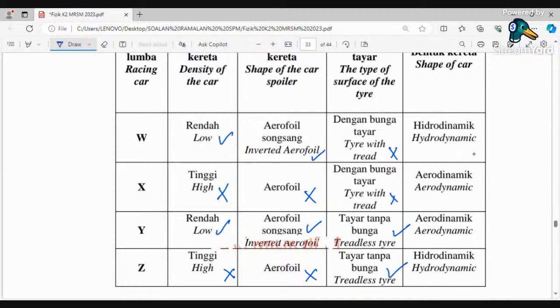Okay, shape of the car. Okay, bukan hydro. Hydro ni untuk water macam kapal lah, hydro. Jadi dia untuk air punya pergerakan dalam udara, aerodynamic. Okay, jadi you nampak yang paling betul ataupun paling sesuai ialah Y. Jadi kita akan pilih Y.